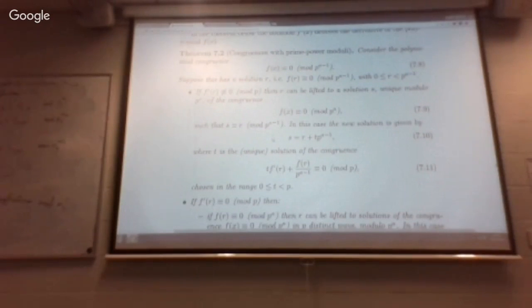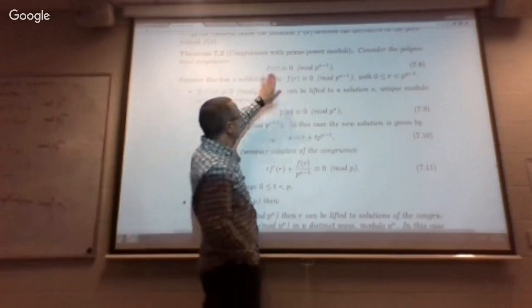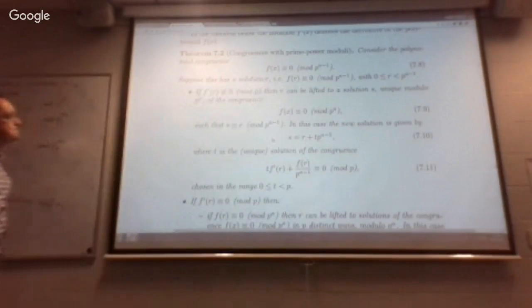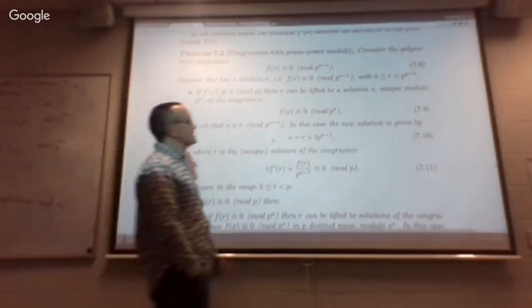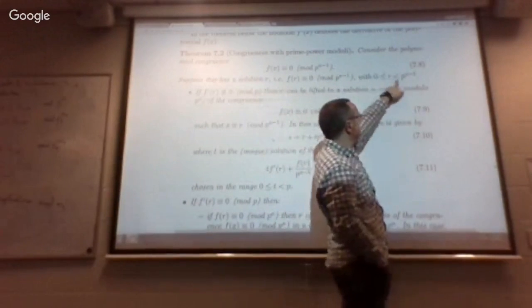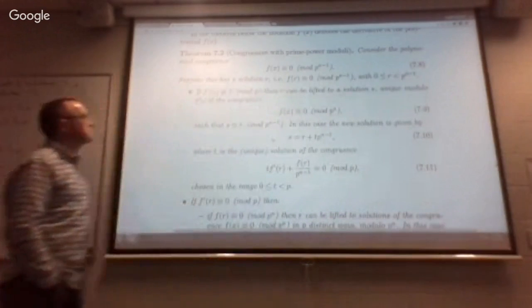Now let's look at the technical details, and then pretty quickly we'll work through an example. As I say, the theorem starts off with a solution r to f of x congruent to 0. So r is a nice representative of a congruence class modulo p to the a minus 1, some number between 0 and p to the a minus 1.